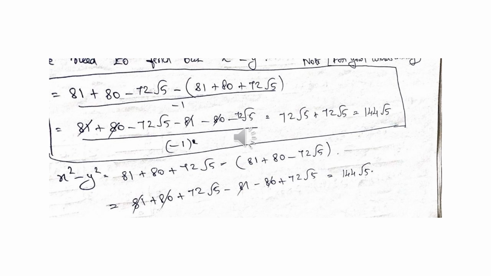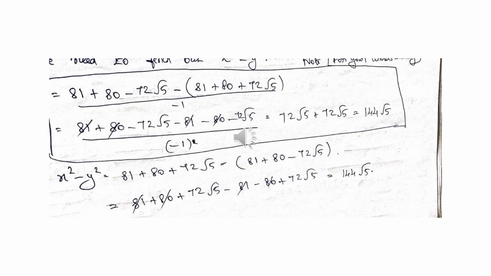Okay, so the numerator will become root 3 plus root 2, the denominator root 3 the whole square minus root 2 the whole square. Root 3 the whole square, the answer will be 3. Root 2 the whole square, the answer will be 2. 3 minus 2 is 1. So the final answer is root 3 plus root 2.